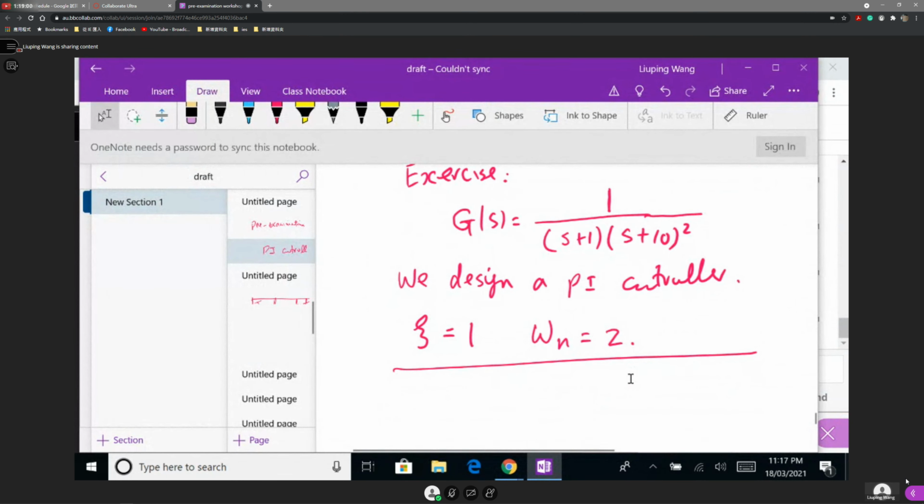Okay, very good. So let's see if it's correct. So this is approximated, yeah? Yeah, like that. Okay.